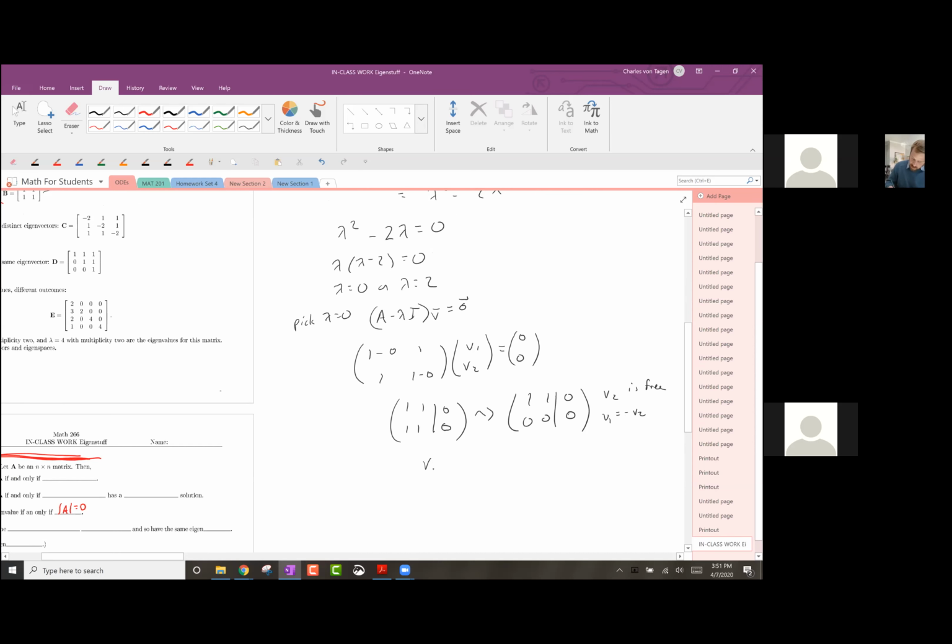So an eigenvector associated with 0, let's pick v2 as 1, and so we would find negative 1 for v1. And so we found a corresponding eigenvector.